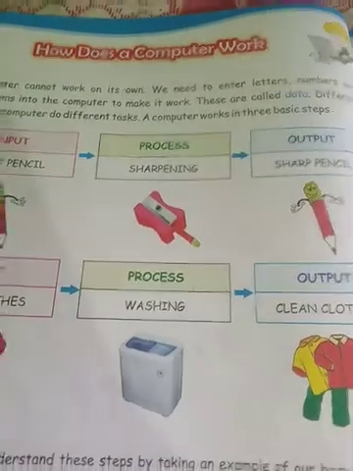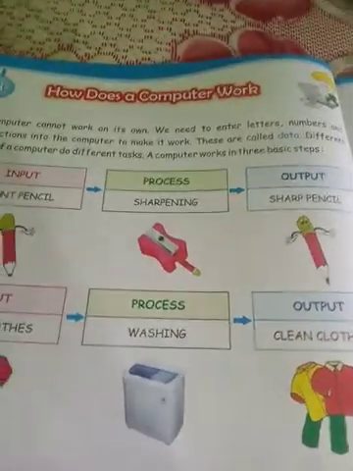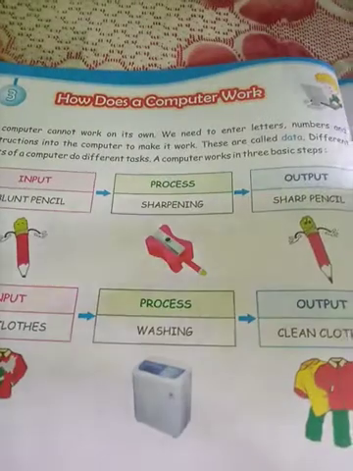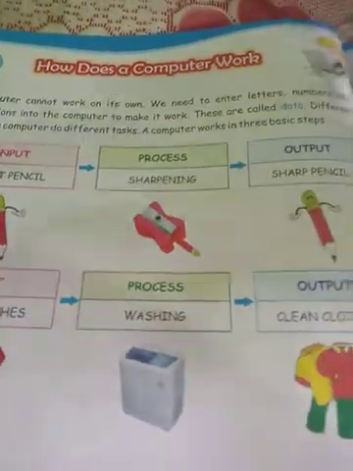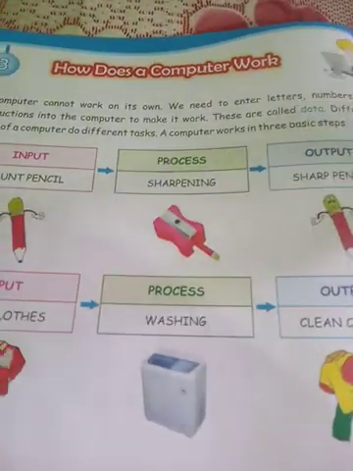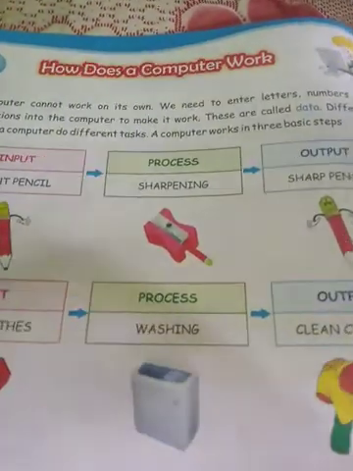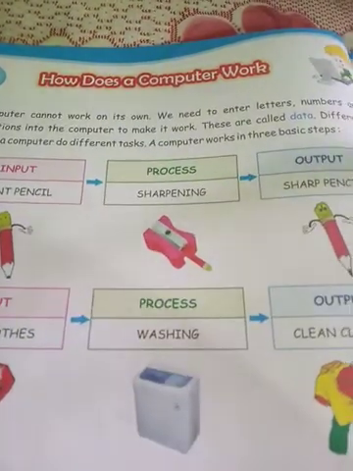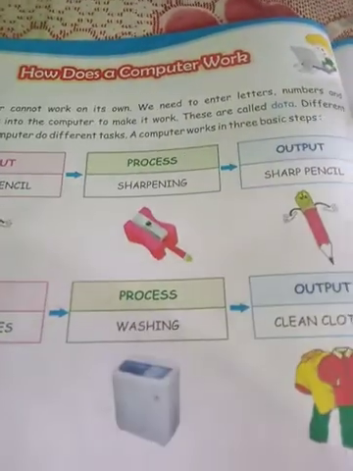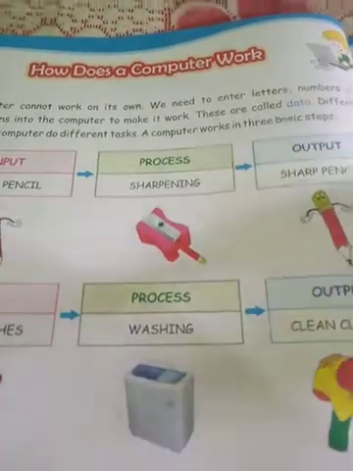So children, what it is written that computer cannot work on its own. In chapter number 1, we have understood that computer needs order to work. We have to give order to computer to work. So, if we want computer to work, we have to enter something into the computer.